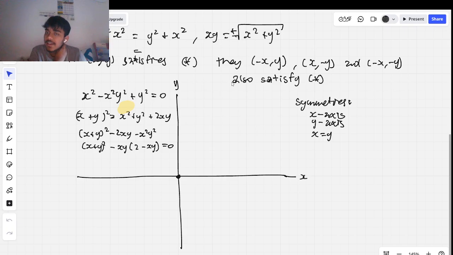Well, I know that the line x equals y. No. I need to plug in random values and see if there is something I can do.